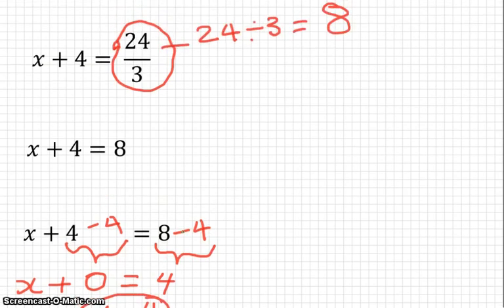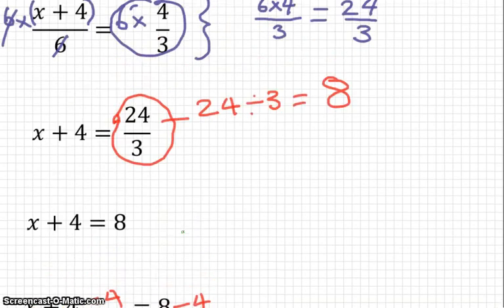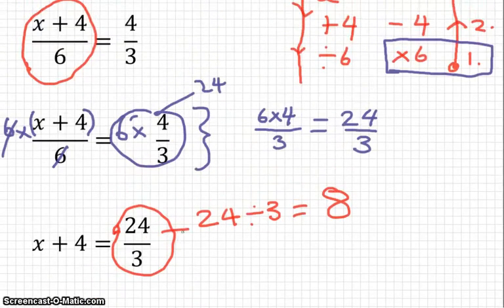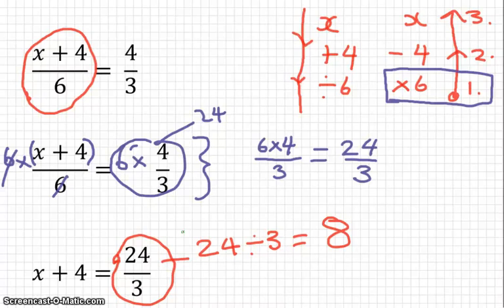So I'm going to go through that again. I'm going to talk through what I just did. So we've got x plus 4 divided by 6 equals 4 over 3. First thing I did was apply an inverse operation of times by 6 to both sides of the equation.